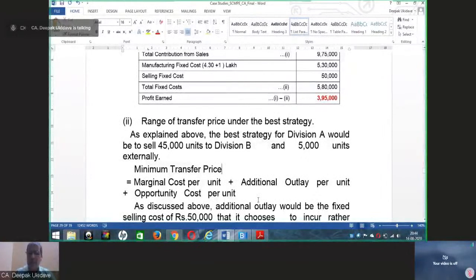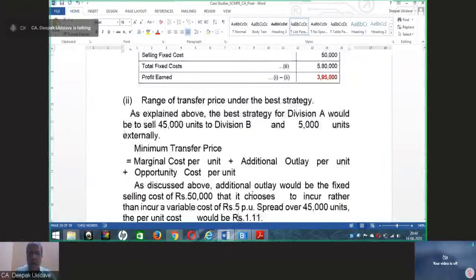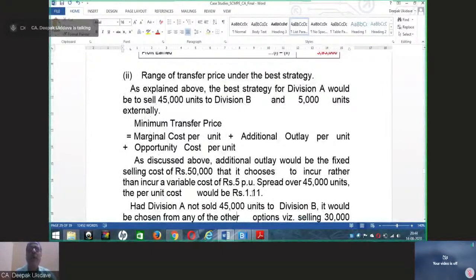And opportunity cost is to be recovered only if the plant is operating at its full capacity. Yesterday one student asked, do we need to charge opportunity cost every time? No. While calculating minimum selling price, we add opportunity cost only if the hands are full. Remember my words, only if the plant capacity is fully being utilized.